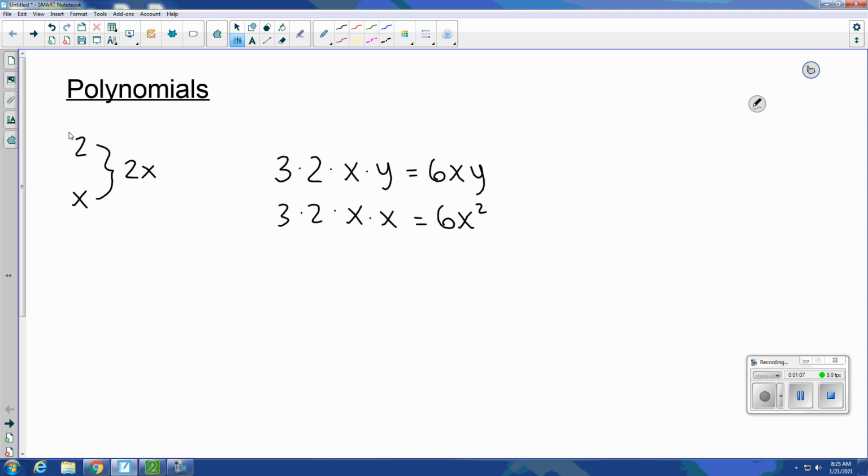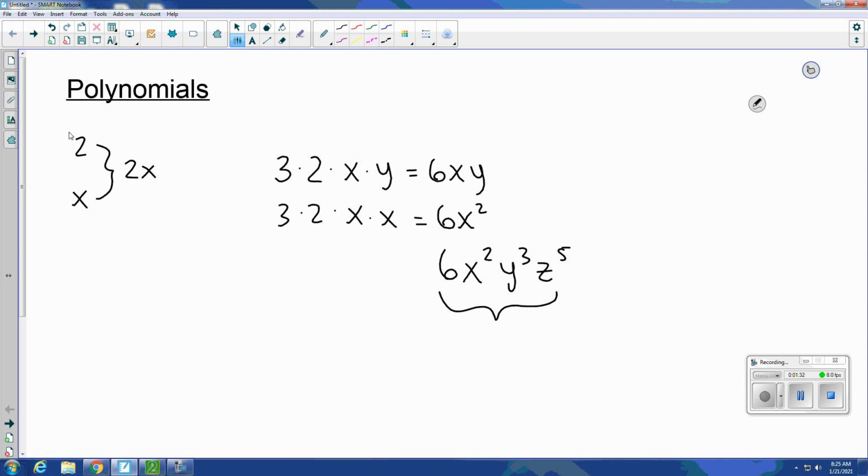And we could have scenarios where we have different letters, and each letter has a different amount other than just one. So maybe we have 6x squared, y to the third, and z to the fifth. This term tells us that we have a 6, 2 x's, 3 y's, and 5 z's in that single term.